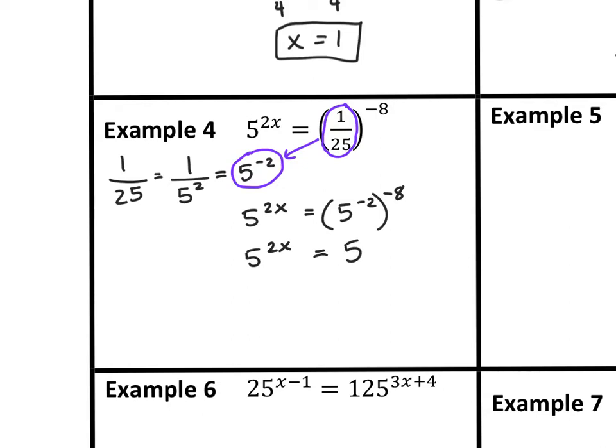So negative 2 times negative 8 is positive 16 as an exponent. And so now that the bases are the same, I can say that the exponents are the same. So I can say that 2x equals 16. The opposite of multiplying is dividing, so I divide by 2. And so x equals 8.